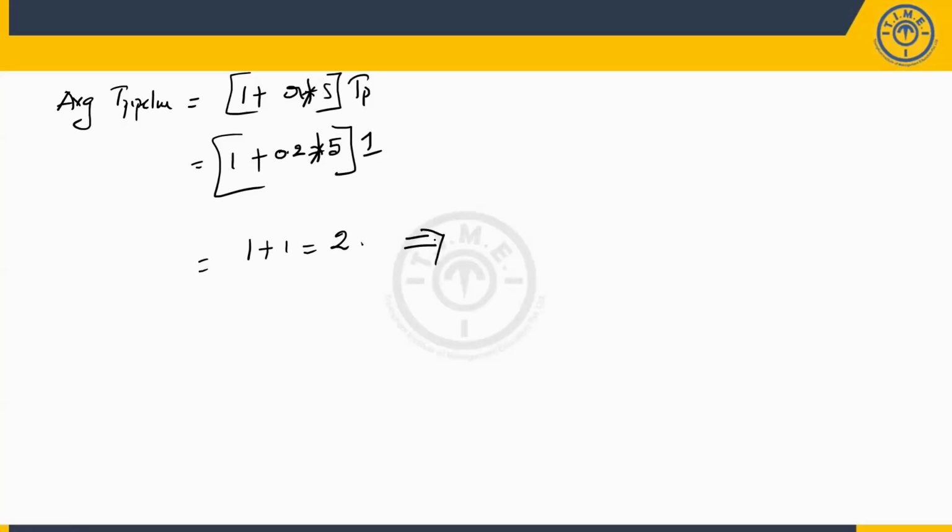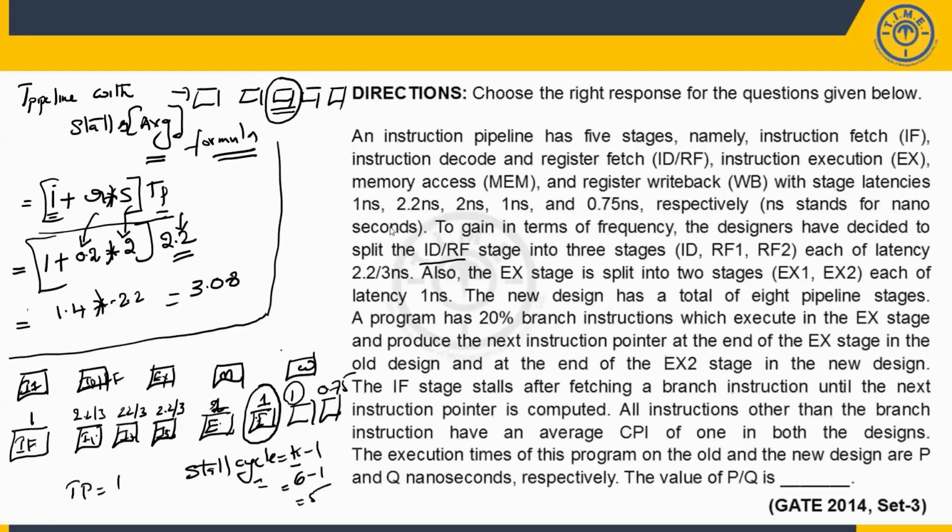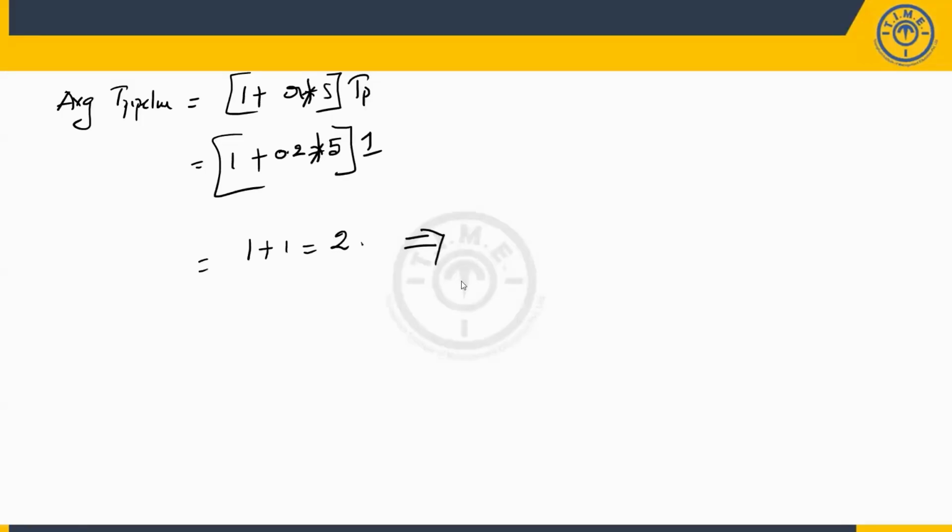Okay. Now, what is the question? Speedup between old pipeline divided by new pipeline. Old pipeline time is equal to 3.08. New pipeline is equal to 2. 3.08 divided by 2 is equal to 1.56, I guess.